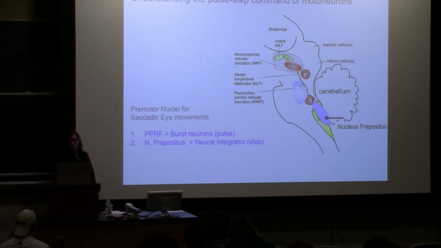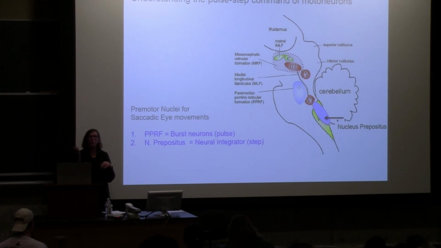Okay, so here's what I was referring back to. There's this area called the PPRF, and that's where the burst neurons sit. And these are the burst neurons. The system's organized in a really beautiful way. If you go into this structure, those burst neurons encode just the horizontal component of the saccade, the horizontal velocity. And if you go up here into these areas in green, they're taking care of torsion and vertical.